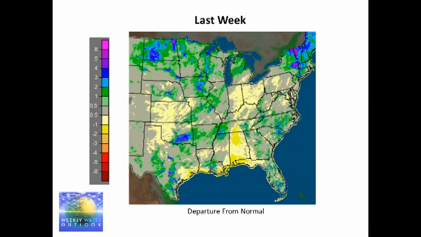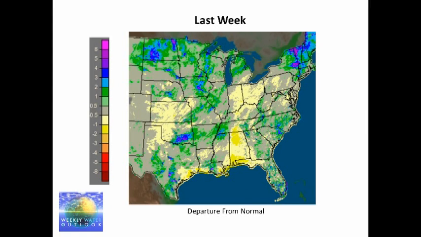Now, I show this from time to time. This is the departure from normal. This is in inches of precipitation, where blues and greens are above normal amounts of rain, or excess rain. Areas in yellow are below normal amounts of rain. You can see Alabama and parts of Tennessee lost about an inch or up to 2 inches of rain departure over the week.